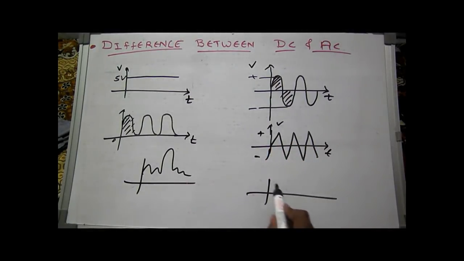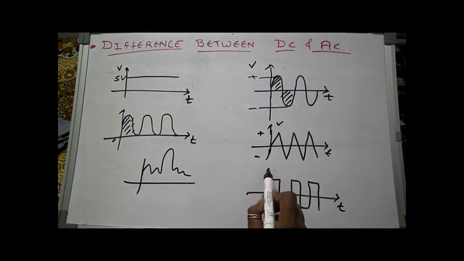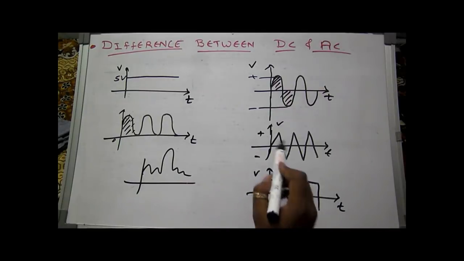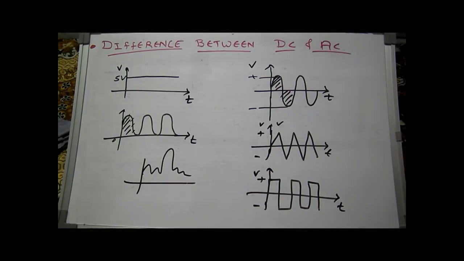Then if we consider a square wave, then this will be an AC like this. This is the basic difference between DC and AC.